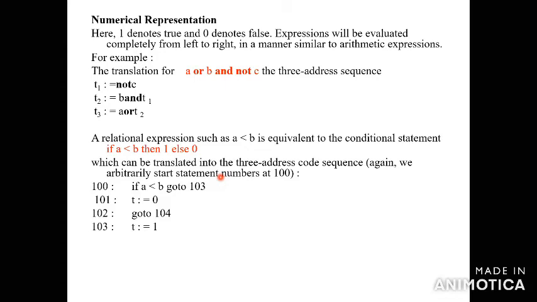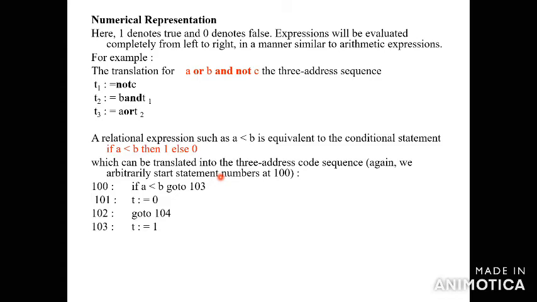In it, you simply write the 3 address code sequence for the given expression. Take the same input, A OR B and not C: T1 equal to not C, T2 equal to B and T1, T3 equal to A OR T2.